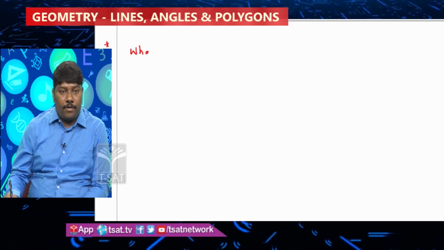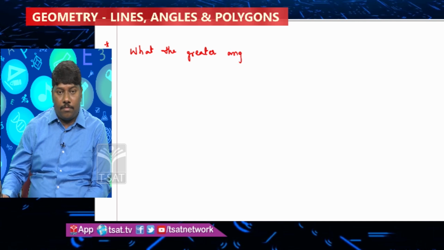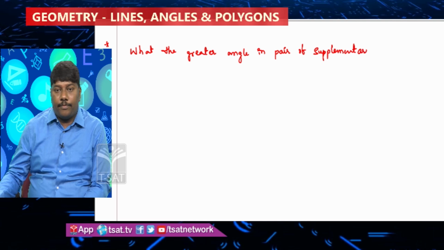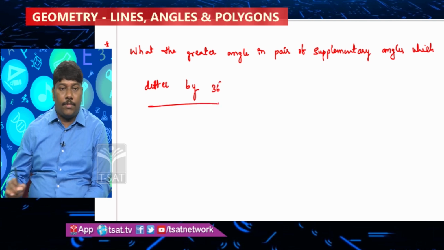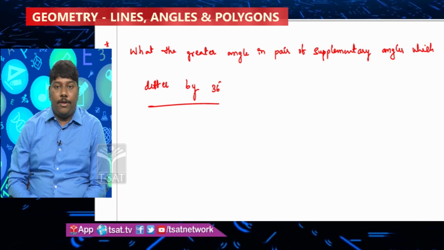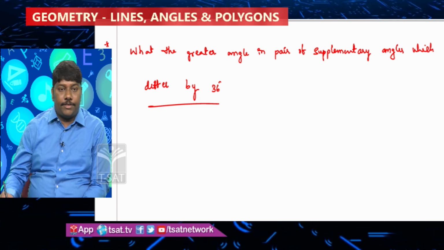In a similar way, what is the greater angle in a pair of supplementary angles which differ by 36 degrees? I want the greater angle in a pair of supplementary angles which differ by 36.